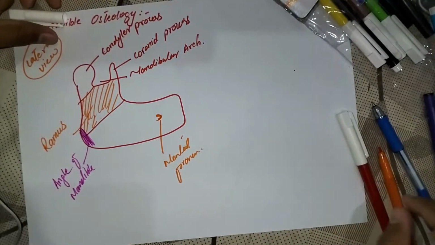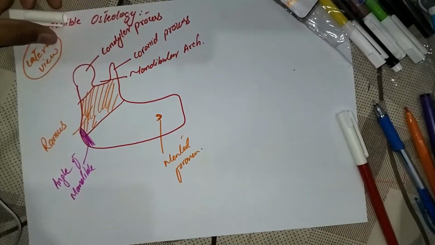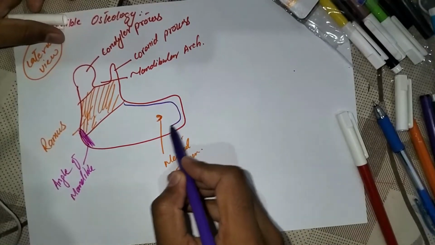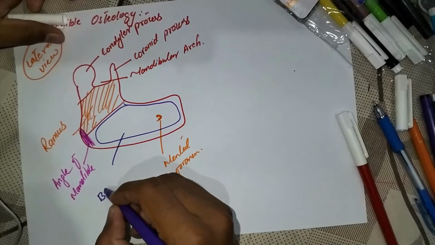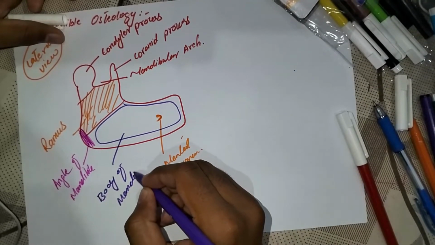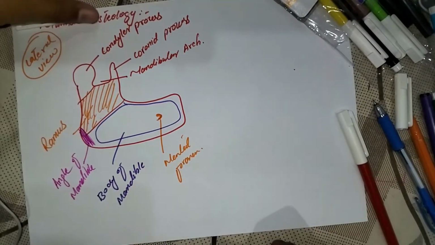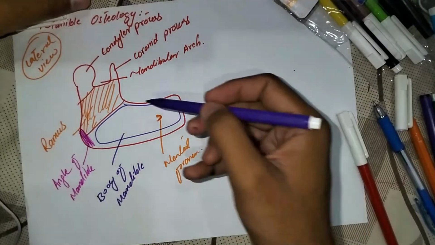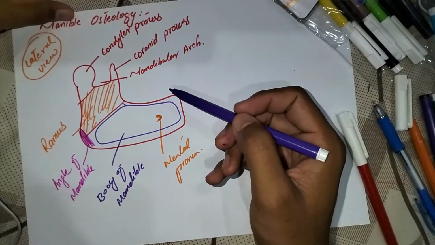And next to ramus and the angle of mandible, here we have the structure called the body of mandible. So here we have the mental foramen. Now we have discussed the lateral view.